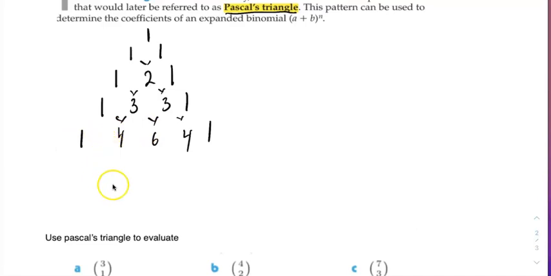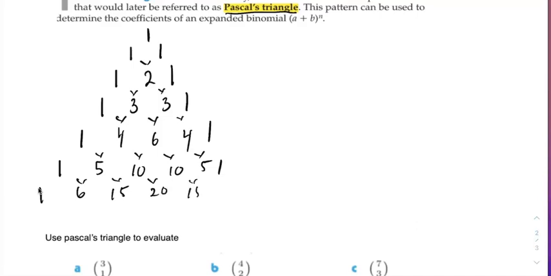And keep on going. I'm going to go down to row 7 as my goal. So 1, 5, 10, 10, 5, and a 1. Again, so 2 more rows. 1, 6, 15, 20, 15, 6, and 1. And then we go one more time.